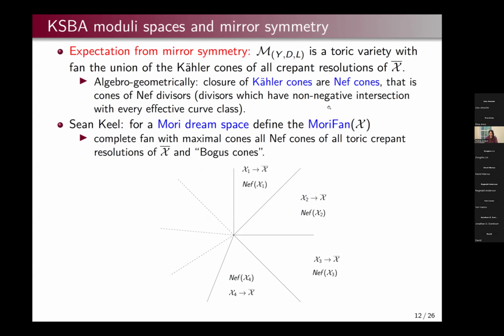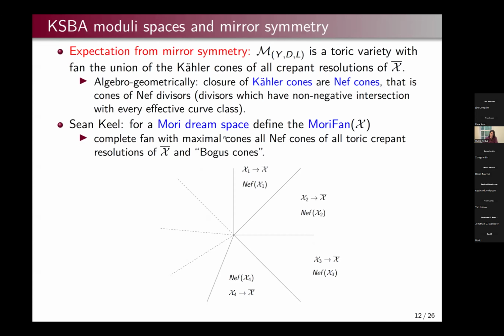It's shown in earlier work of Hacking–Keel that if you have a nice algebraic space, if it's a Mori dream space, then you can talk about the Mori fan, which is a fan whose cones correspond to the nef cones of all possible crepant resolutions of your variety.